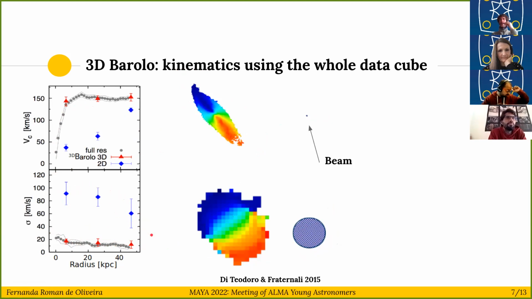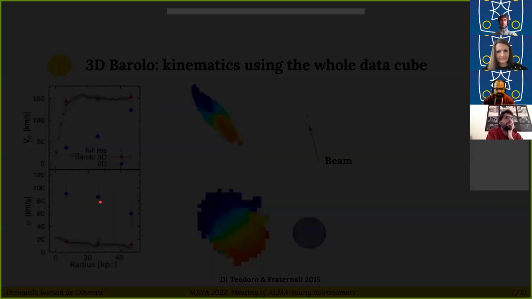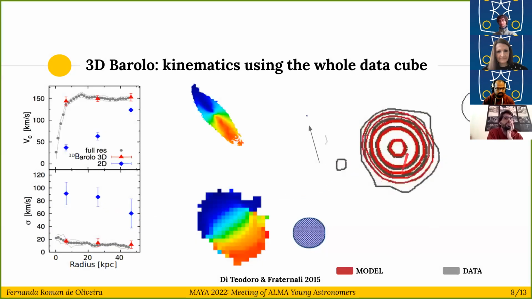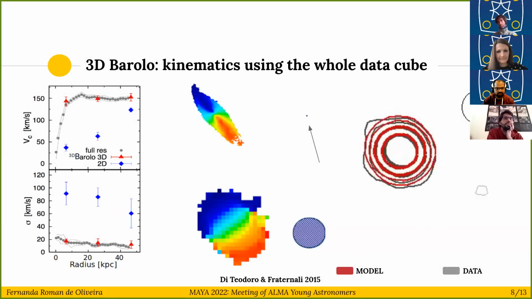And in this case, we are overestimating the dispersion and underestimating the rotation, which we don't want to do because we want a very accurate idea of how the turbulence is in these disks. And if you use a 3D tool, in this case Barolo, we can actually measure these red points that fall exactly on the rotation curve and the dispersion profile. And here you can see how the model overlaps the data over every channel map.